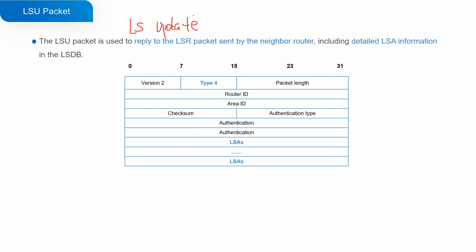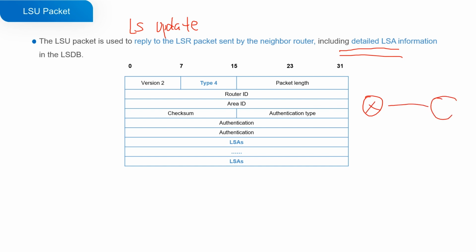This packet includes the LSA information. The LSA information is not the same in the DBD, LSR, and LSU, because the DBD includes the LSA header information and the LSR includes the partial LSA request information. But the LSU includes the detailed LSA information. So these are the differences between the three packets. And the LSU is used to reply to the LSR packet.